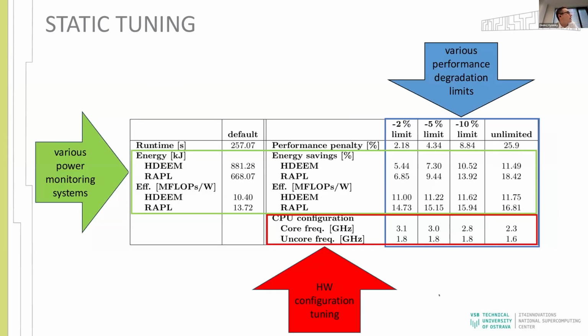So then the typical insight into the application is the energy and energy efficiency metric, and looking at the performance degradation, looking at what's the configuration of the hardware if we impact the application runtime up to some, let's say, predefined limit, what energy savings are available.